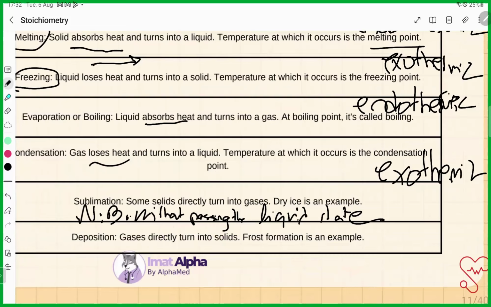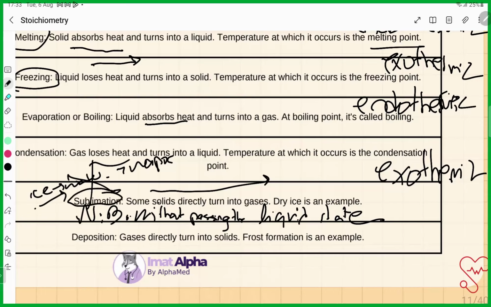We all know that the solid, let's say ice, first becomes water, then water vapor. However, in sublimation, it should not become water. When you see an example where the solid became liquid, this is not sublimation. Deposition is the complete opposite of sublimation. It's gas turning into solids without passing through the liquid state.